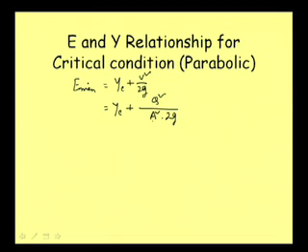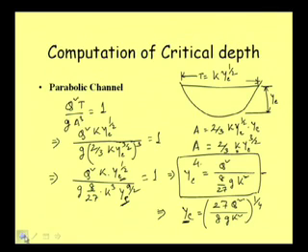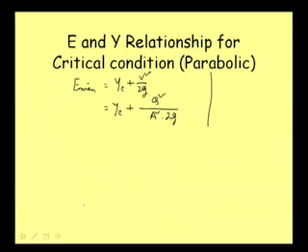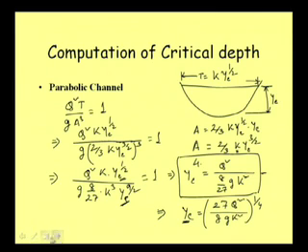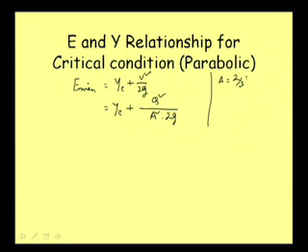Now, let me write this a square term. Area is equal to 2 by 3 k yc to the power 3 by 2.